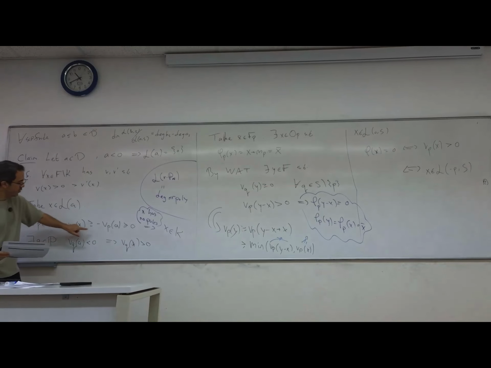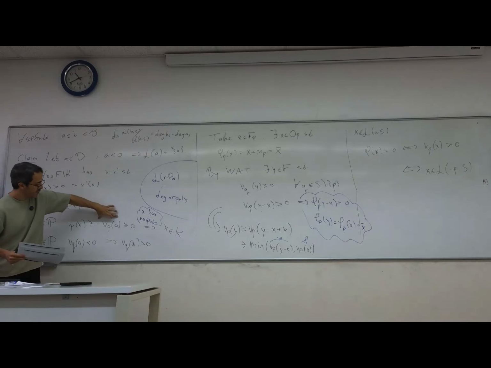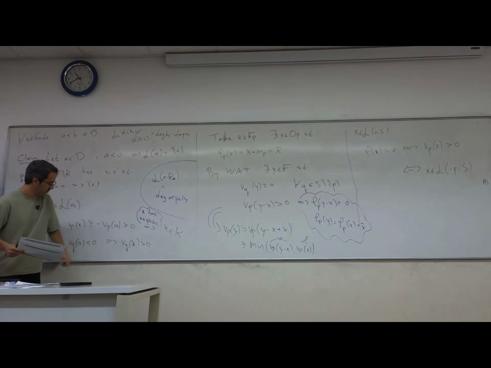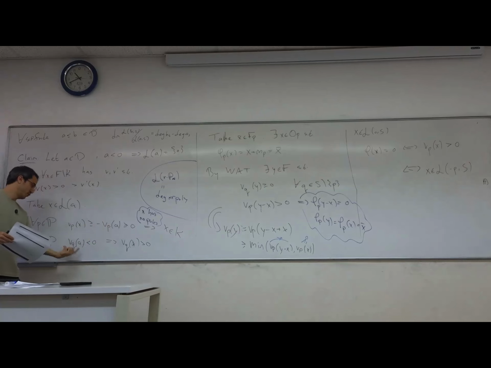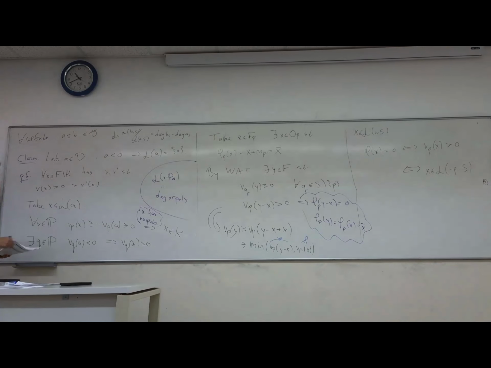Right, because if you put a q here, then vq of x is always larger or equal than minus vq of a. Without the minus, it's smaller than 0, and after the minus, it's larger than 0.